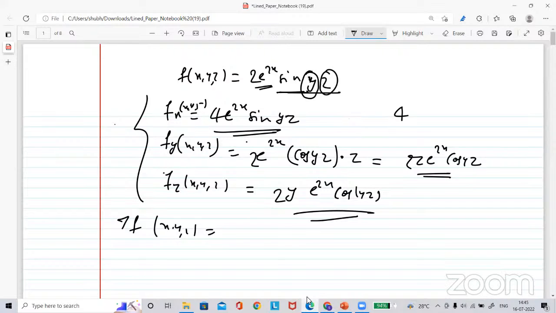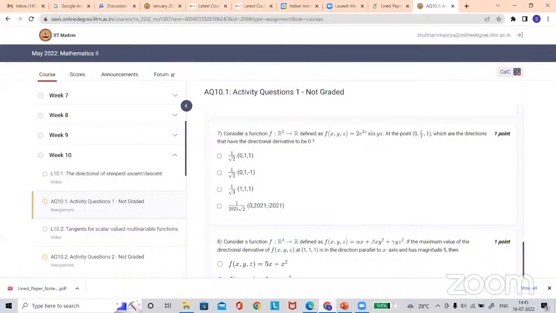And for this, pi by 2 will be 0 here. So 4, 0, 0. So the orthogonal vector for this does not match any of the options.